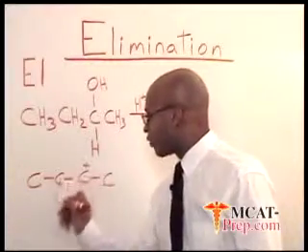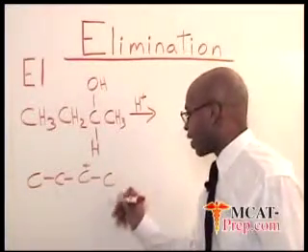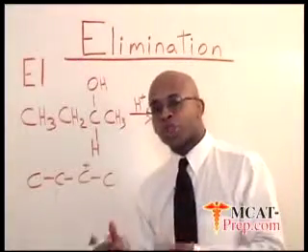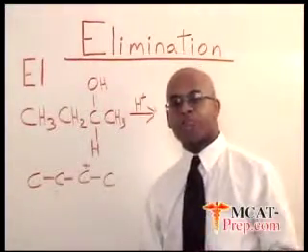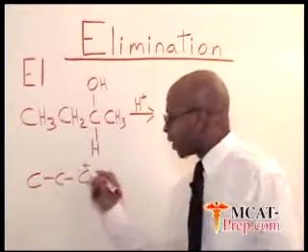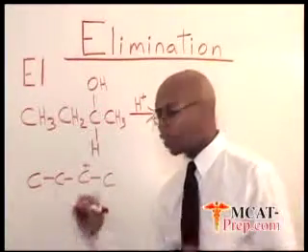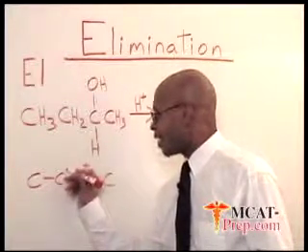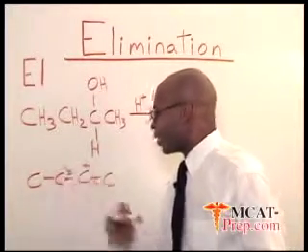And we know there's a couple of hydrogens here, we know there's 3 hydrogens here. And the question, of course, is where will it choose to pull electrons to itself? And what happens is that it preferentially chooses electrons from this carbon to come in and to form the double bond.